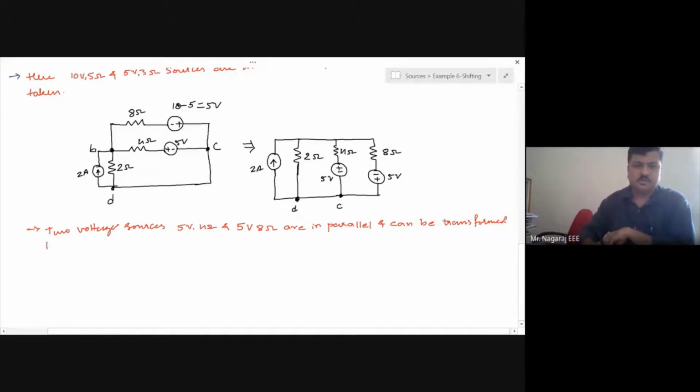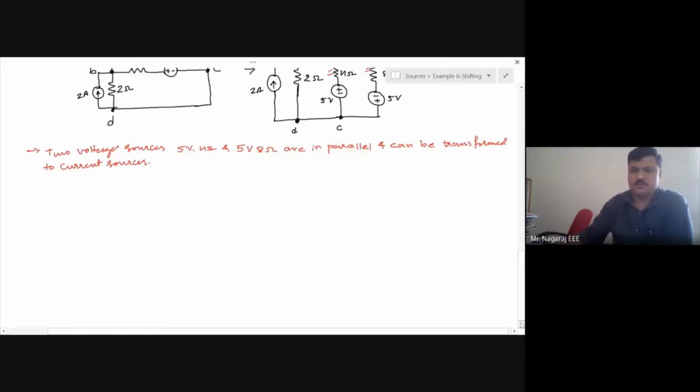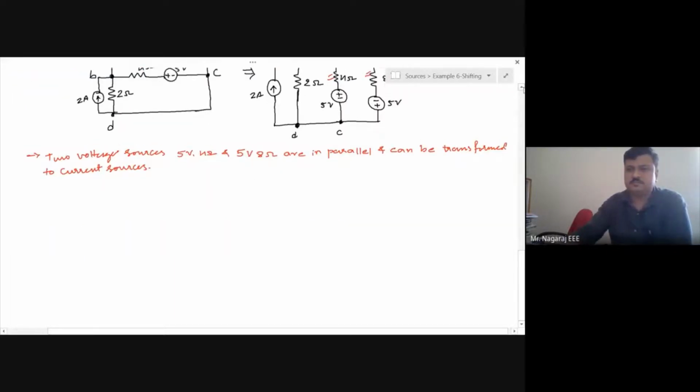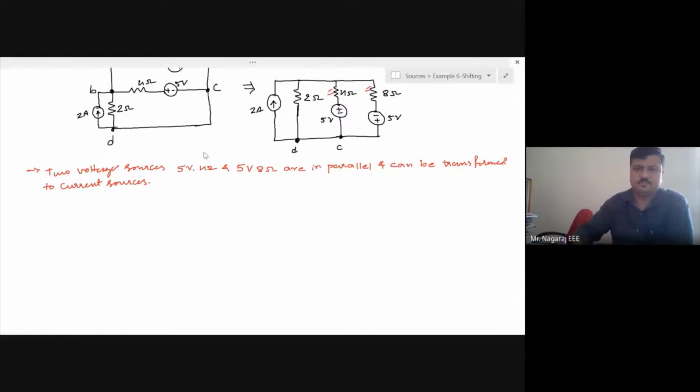Okay, so I will transform these two voltage sources into current sources, keeping this 2 ohm as it is.